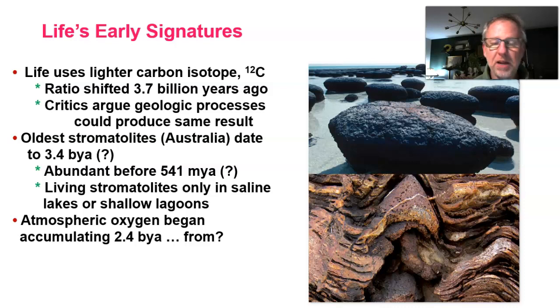Coincidental? Maybe, maybe not. But the oxygen probably was coming from cyanobacteria. And once the oxygen was accumulating in the oceans from photosynthesis, it could start leaking into the atmosphere and altering Earth's atmosphere, changing its chemistry.